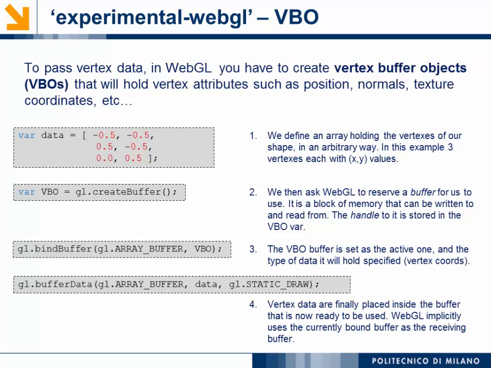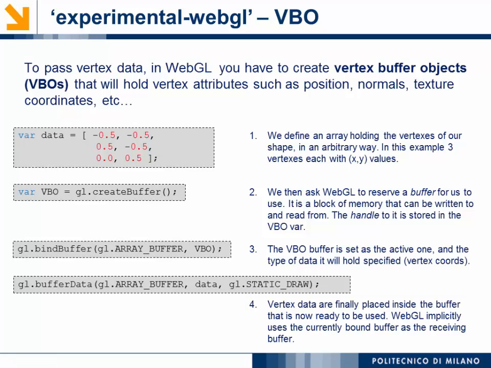The vertex data are placed. Again, we specify that we are buffering data to an array buffer. The data that we are buffering are inside the data variable, and we are going to use those data for a static draw.